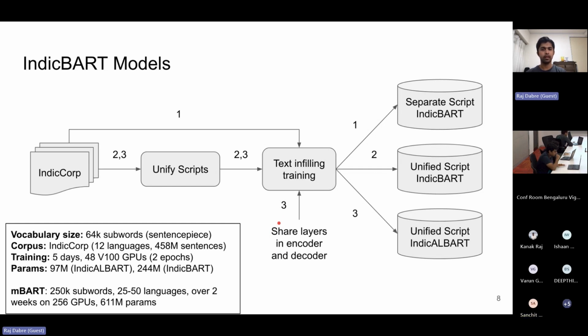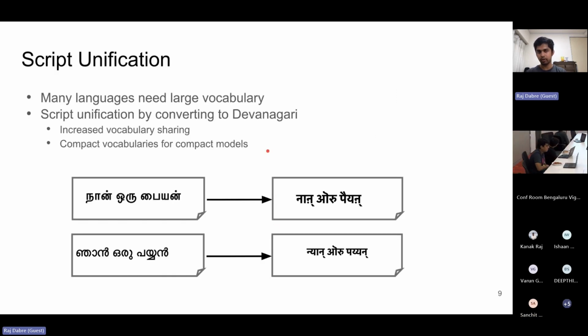Okay, cool. So what is script unification? Again, as I said, it's an opportunity for you to share vocabulary and reduce the need for very large vocabulary. If you look at these two sentences, they are in two South Indian languages. I don't know whether they're Tamil or Telugu, which one is which.